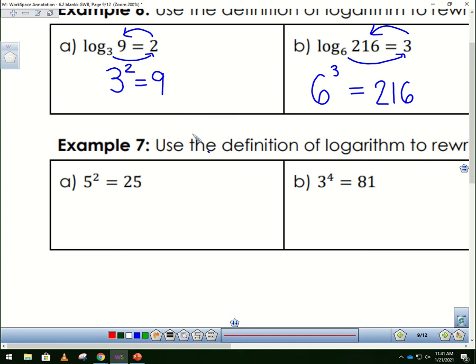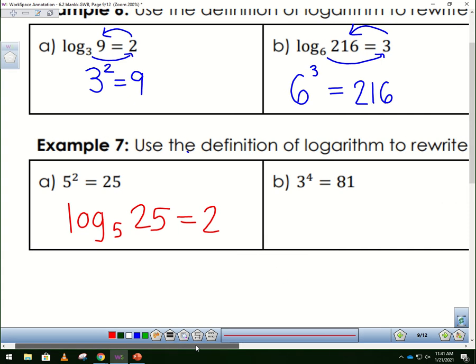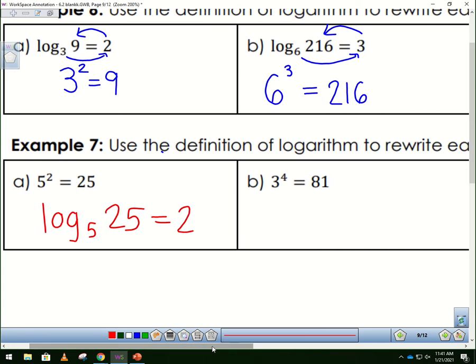Is it log 5, 25 equals 2? Good. Log base 5 of 25 is equal to 2. So you see how we just worked backwards there, okay? You just worked backwards. So it's going to be log base 5 of 25 is equal to 2.